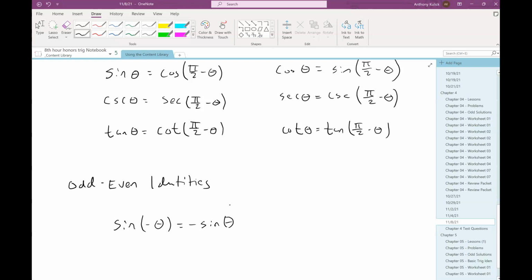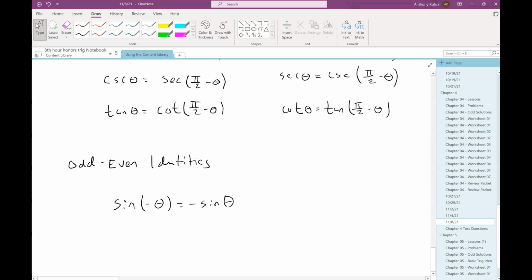So we can say sine of negative theta equals negative sine theta. And since sine was an odd function, cosecant, its reciprocal, necessarily also has to be an odd function.